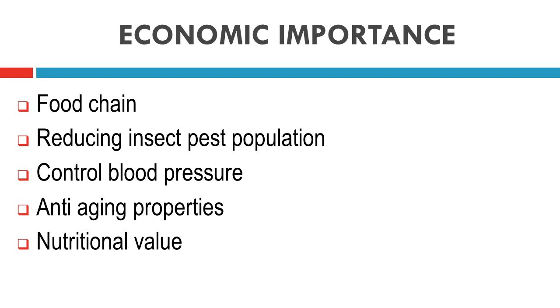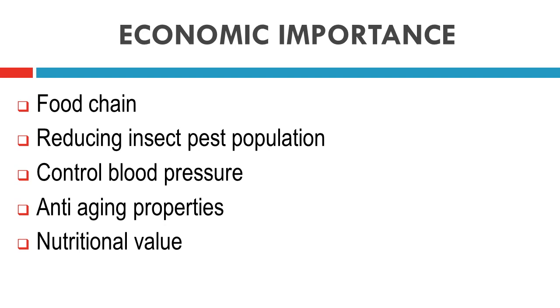So that is because of some properties that are prepared from the frog, that we can say as anti-aging properties. Fine. And the last one is regarding nutritional value. Of course, the frog is a major food in some countries like USA, Japan, China, and Northeast India. So in those regions, they are consuming the frog as one of the foods, since they said it is rich in nutritional value, right? So we have completed today's portion here.